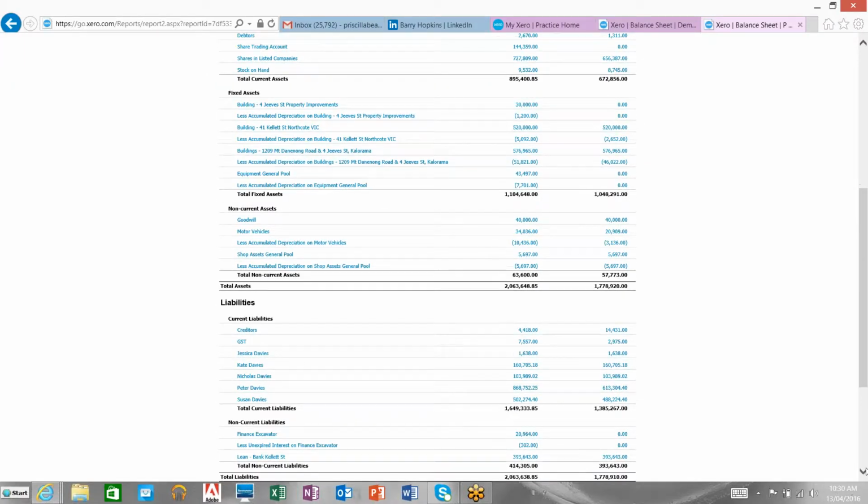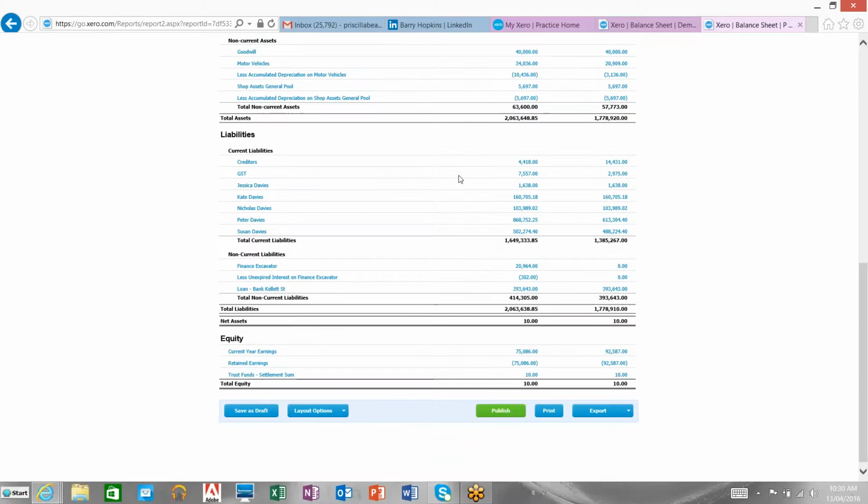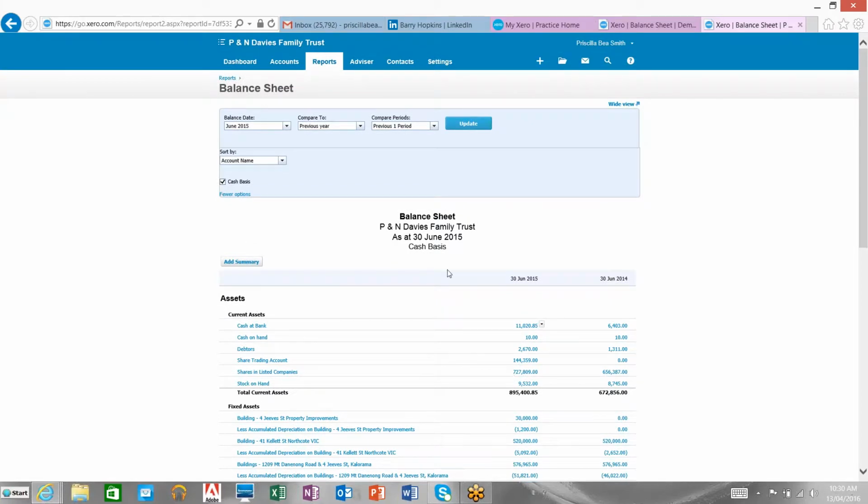Credit cards are normally picked up here, but you can choose. You can choose to set up a credit card, but we'll talk about this next week. You can choose to set up a credit card grouped with the bank accounts, but that one will be minus.